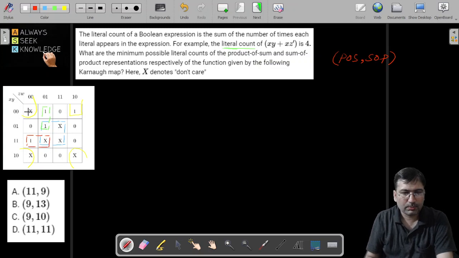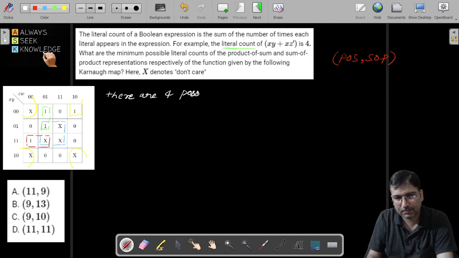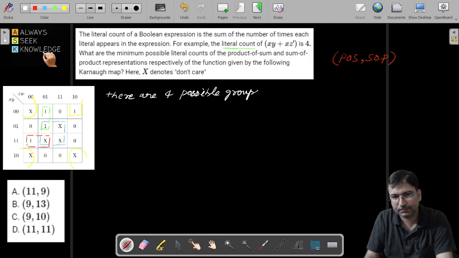So these are the possible groups 1, 2, 3, and 4. So there are four possible groups. Let me write. There are four possible groups: one is 4 members, 4 cells are being clubbed together, and these are also 4, and there are 2 groups of 2 members.